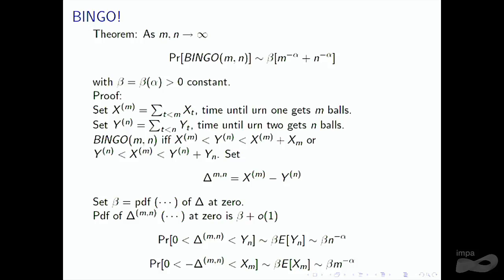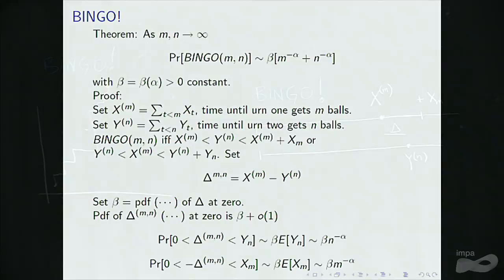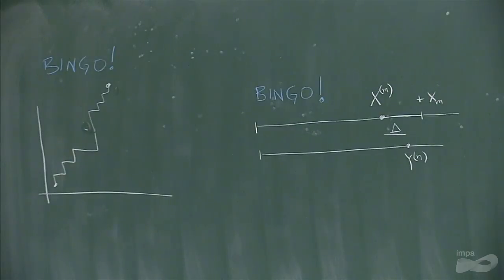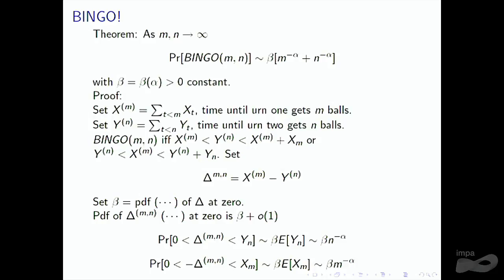So besides total domination, mostly I will talk about the probability of hitting the point (m, n), though we could equally well talk about total domination. Pretty much think of m equals n, but here is the limit value of the probability of bingo. Think of m equals n, so it's constant times n to the minus alpha. And the proof is via continuous time.